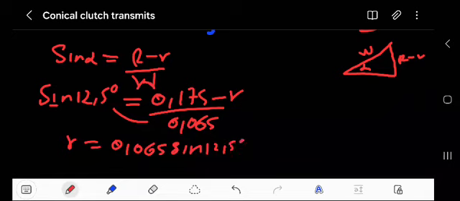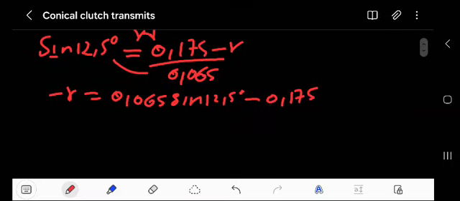Since you've multiplied that side also, you subtract by 0.175. So this will be negative r, and I don't want the negative, so I divide by negative both sides. This simply equals 0.175 minus 0.065 multiplied by sine 12.5 degrees.